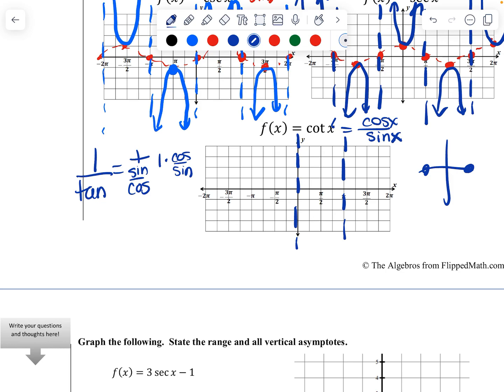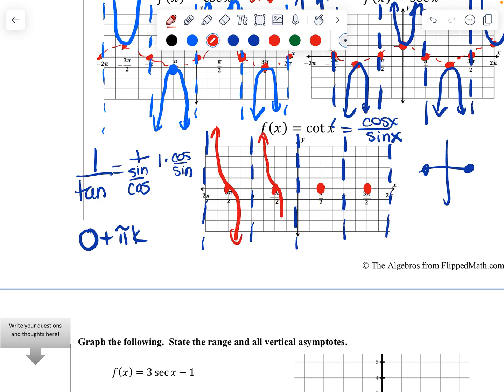So at 0 and pi, right? So it's kind of like saying before it started at pi over 2, it's 0 in every pi k, right? Every period, or pi over b. So our start value for our vertical asymptotes is different. And again, it's this way, but rather than going low to high, it goes high to low, is our reciprocal.